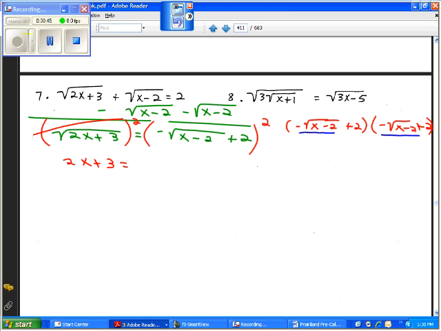A negative times a negative is a positive, and that radical times itself is the radicand, x minus 2. And then we're going to have that times a second chunk 2, which is going to be minus 2 of those. And then we're going to do this, which gives us minus 2 more of those. And then we have a 2 times a 2, which is a 4, plus 4.